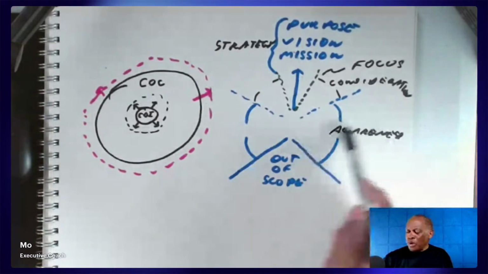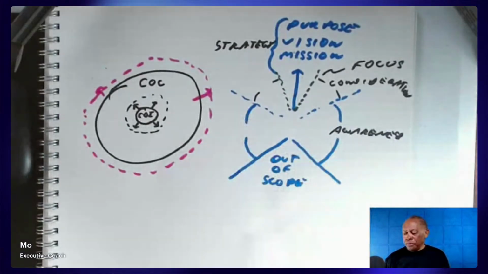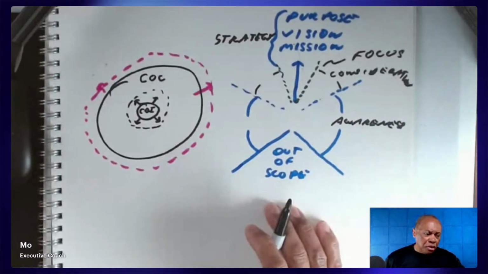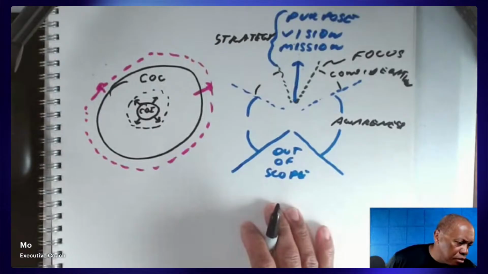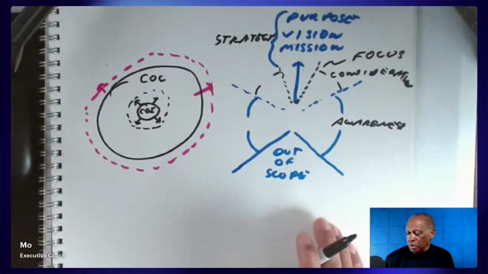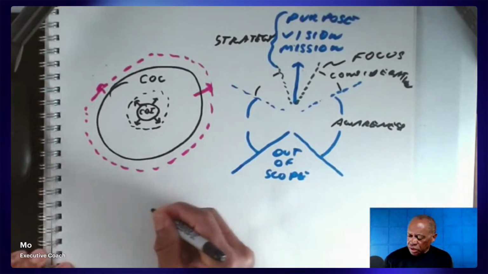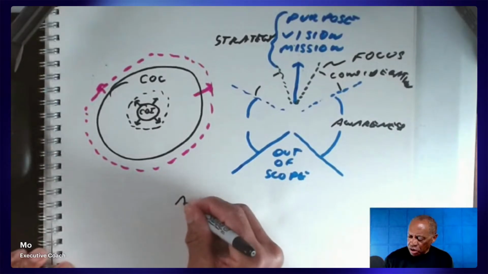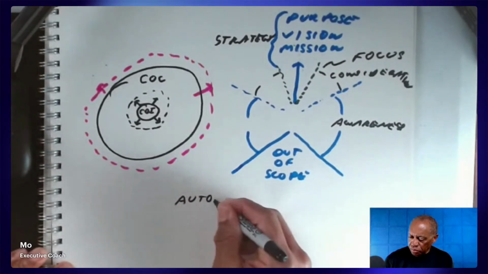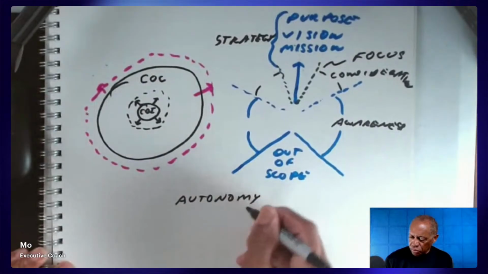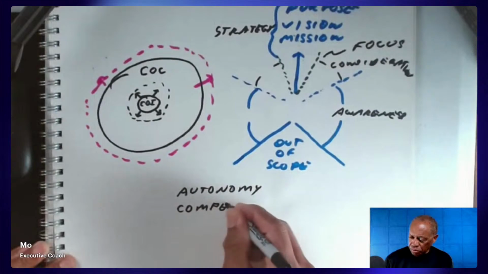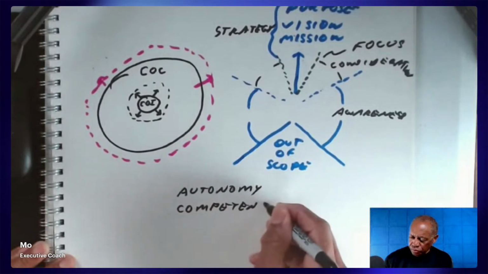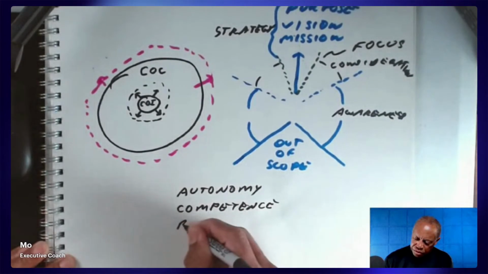We don't want to waste energy over here and over there. And then the last one is, as I mentioned, autonomy, competence, and relatedness.